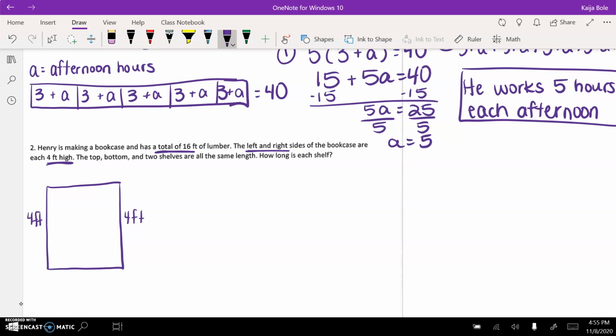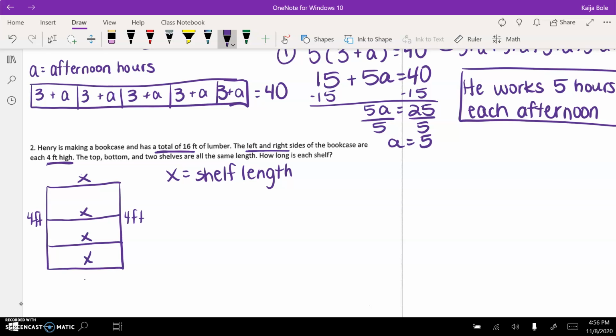The top and the bottom, so top, bottom, and two shelves, one shelf, two shelf are all the same. We do not know that. So I'm going to say that X is the shelf length. We don't know how long it is. So I have 1, 2, 3, 4 things I don't know.